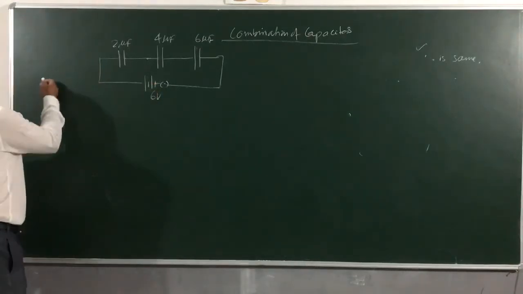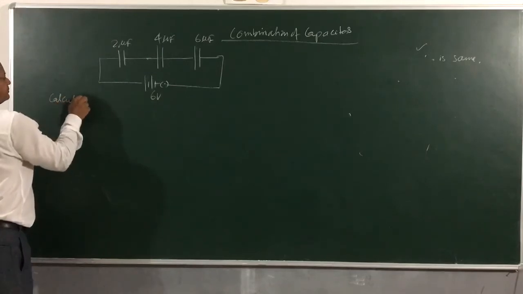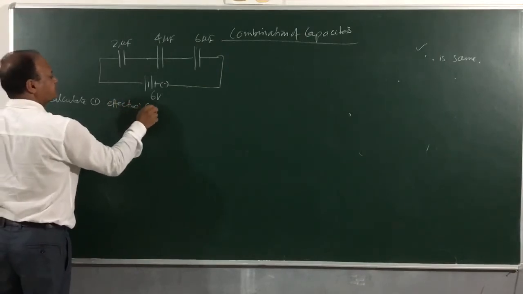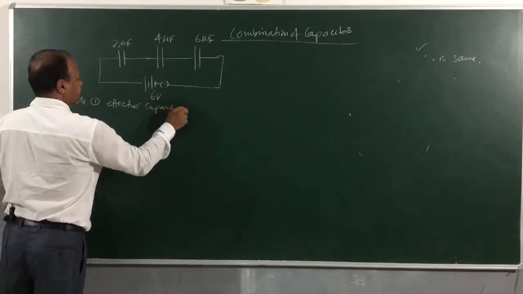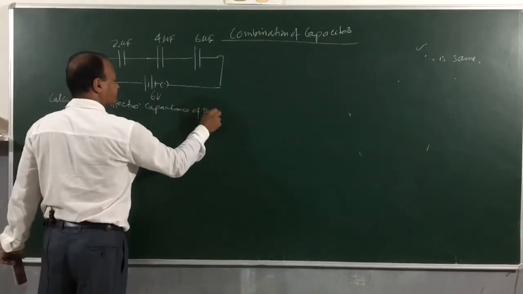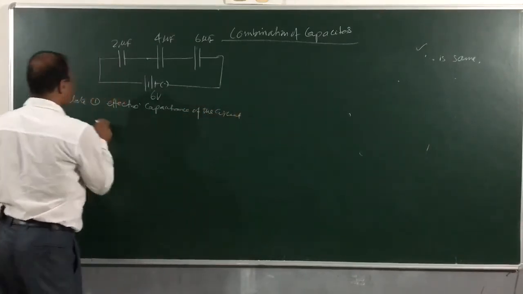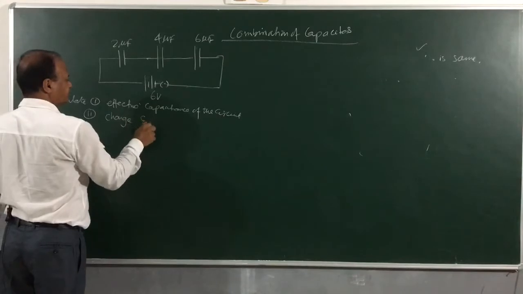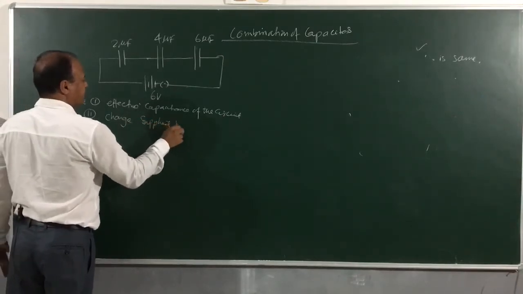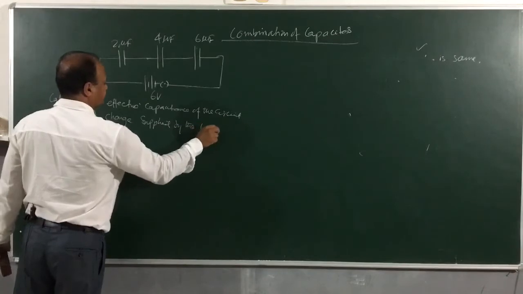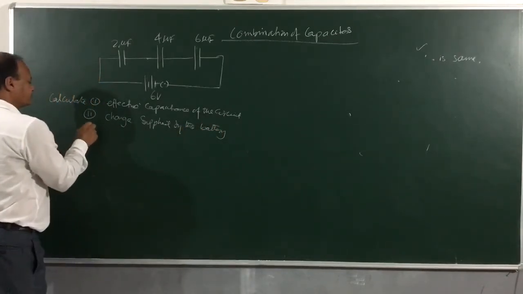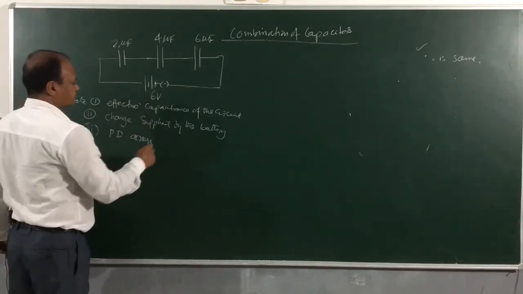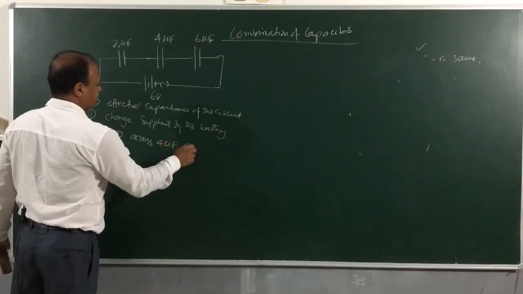Suppose they ask a question: calculate number 1, effective capacitance of the circuit; number 2, charge supplied by the battery; and number 3, PD across 4 microfarad capacitor.